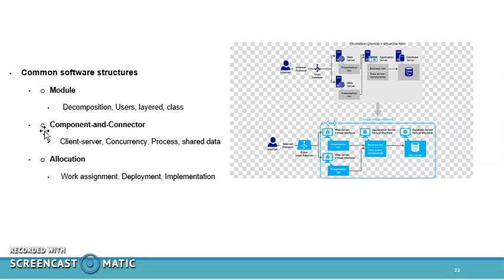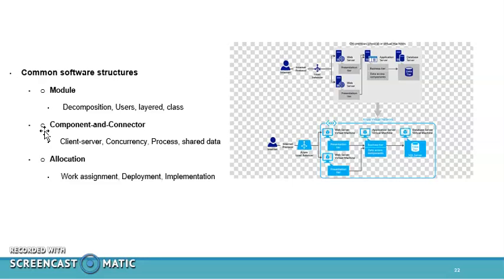Then component and connector structures. In the component and connector structures, as we discussed earlier, client and server is an example of component structures. And any type of process is too. Whenever a user gives the username and password as input, that username and password will be checked and validated.